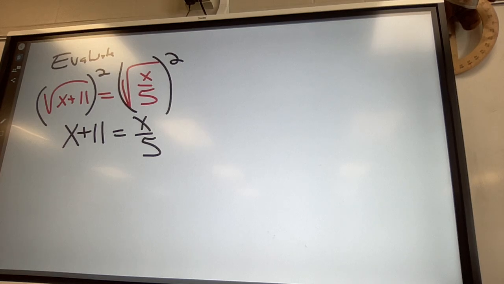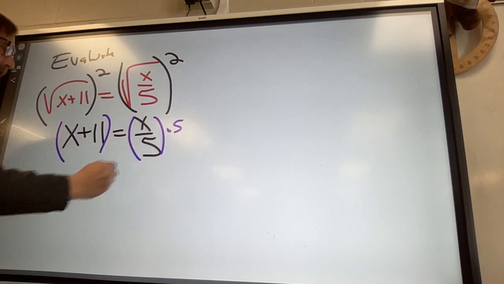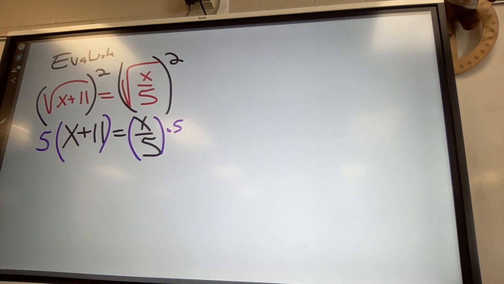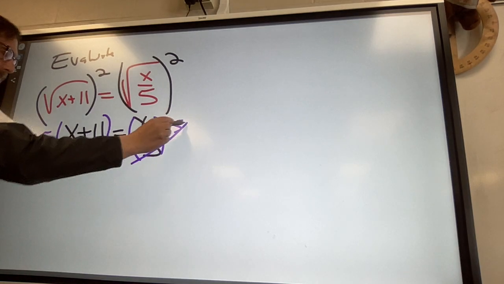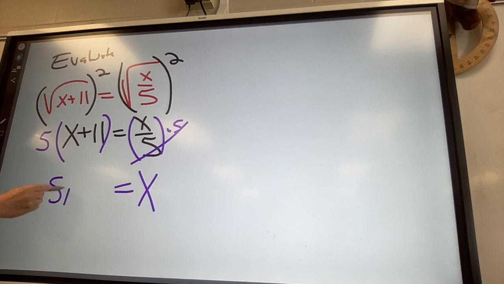There are many students who are not fond of fractions, so one thing you can do is multiply this times 5 over 1. You've got to do this side times 5 over 1. Need to distribute: 5x plus 55.